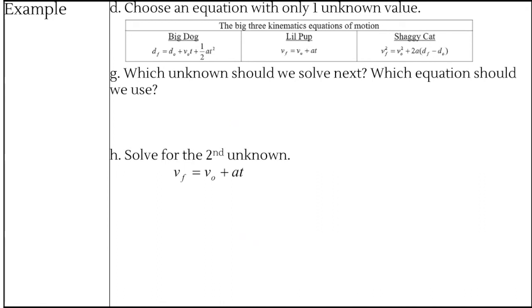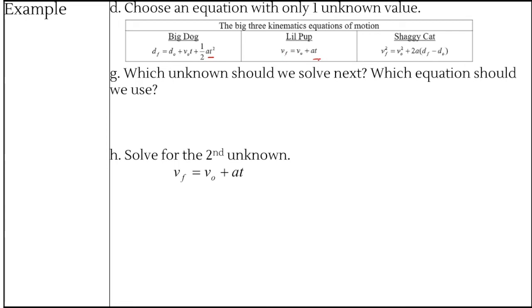So now we're going to solve for our last unknown. And if you remember, that last unknown is time. So which equation are we going to use to solve for time? Well, we have two options here. We could either use big dog or little pup because time is in both of these. It doesn't matter which one we choose. I'm going to recommend that we use little pup because this equation is just a lot easier.